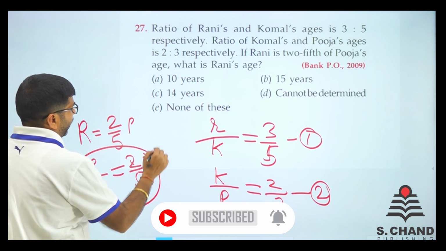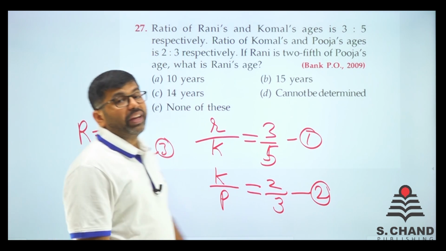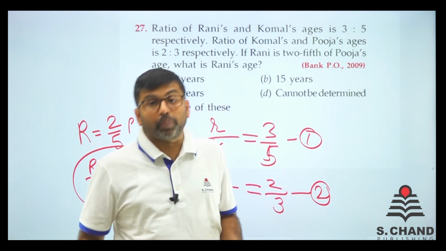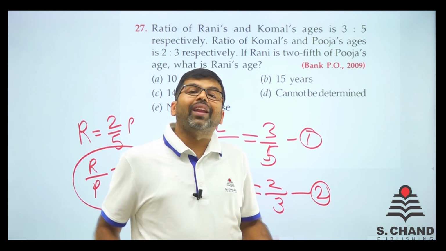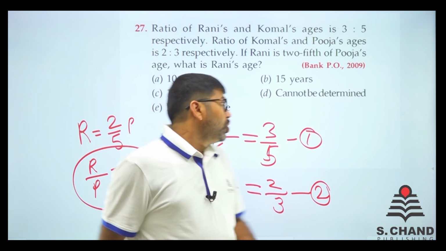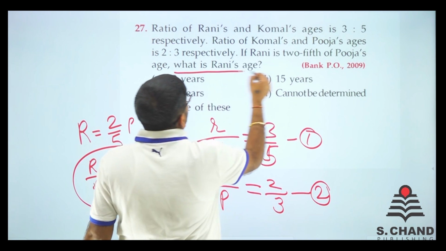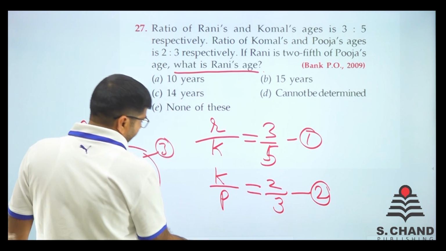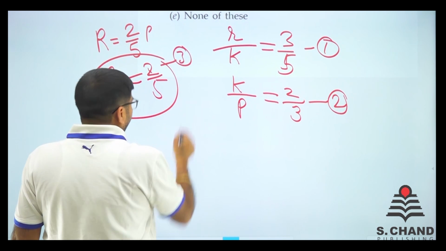So in this way, we have 3 equations and 3 unknowns, but these are all in ratios. So what is Rani's age? Let's find out. रानी की एज निकालनी है हमें.